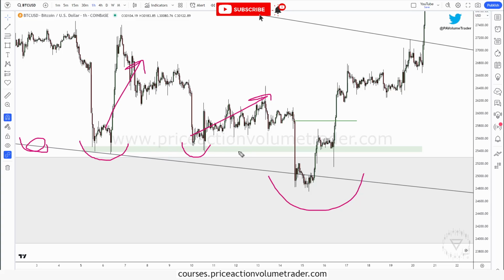So we have a clear support level here marked in green. Then we have this big red candle coming back into the order block. We retest the trend line again, and then you can see a lot of aggressive traders probably tried to be shorting this right here, just getting absorbed by big limit buyers.